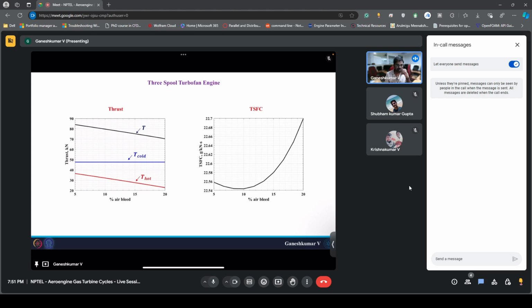So that's the reason your fuel-air ratio continuously decreases, but during that, the thrust also decreases. So there is a competition between F and T, which are on the numerator and denominator of TSFC, which is causing this trend. Okay. All right. I hope this is also clear. That's why we see a non-linear trend here.